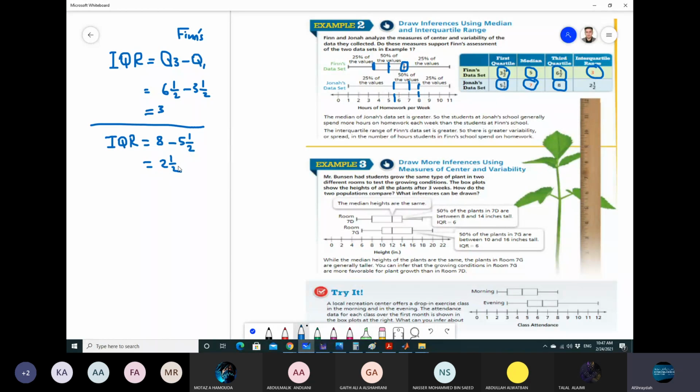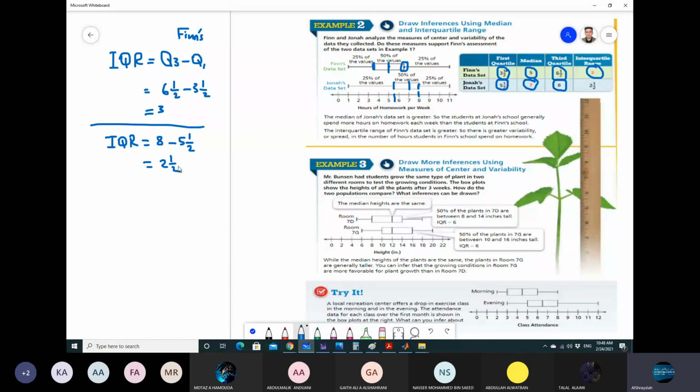We found it already. So the median of Jonas data set is greater. It's 7, and the median of Finn's data set is 5. So we can say that the median of Jonas data set is greater. So the students at Jonas school generally spend more hours on homework each week than the students at Finn's school.